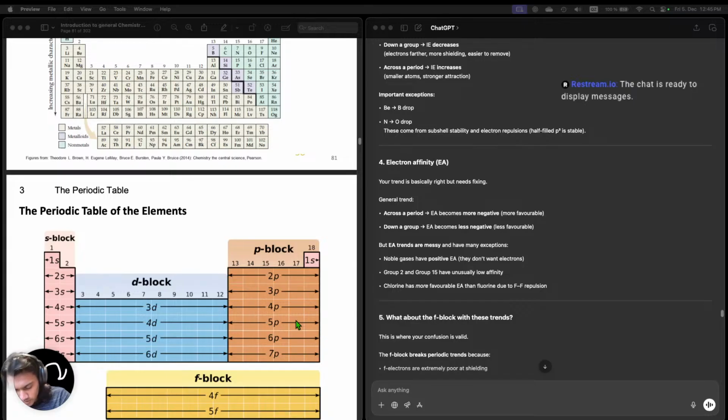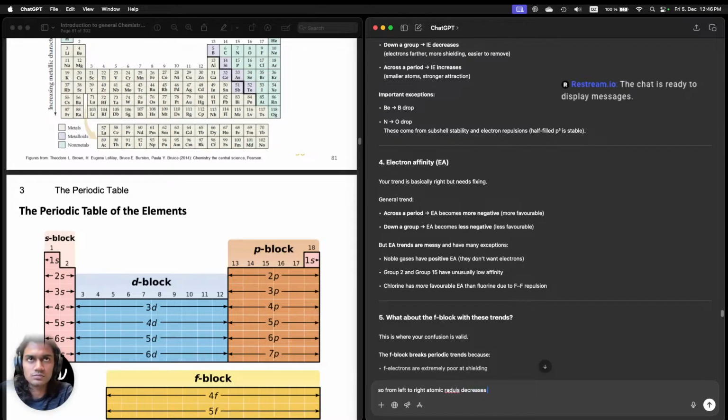Why does atomic radius decrease from left to right? But it's filled in.